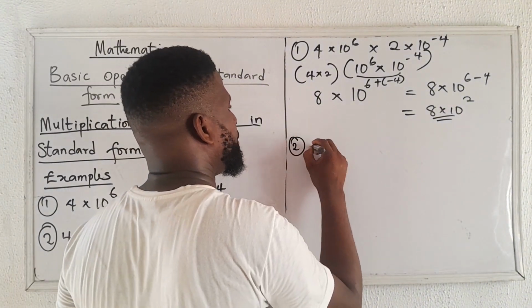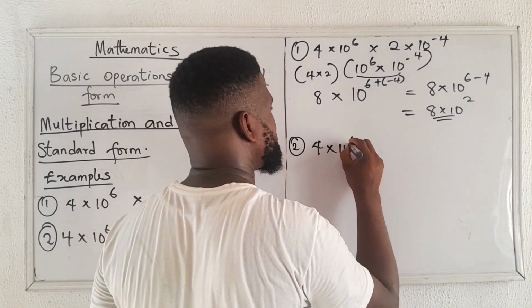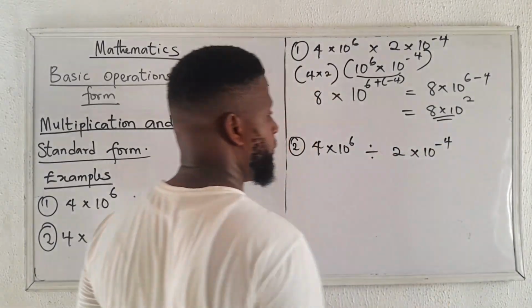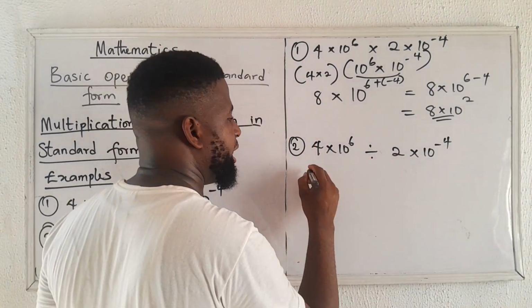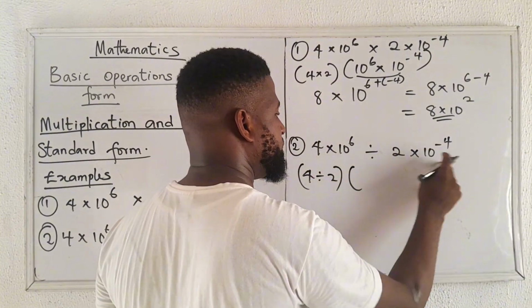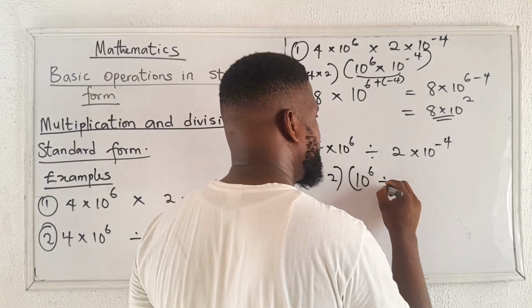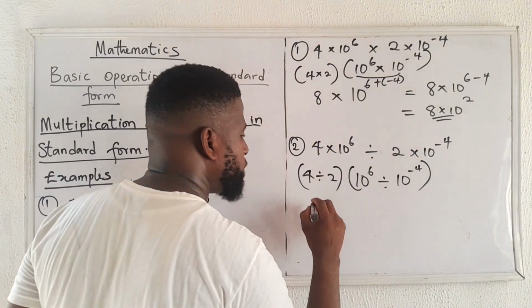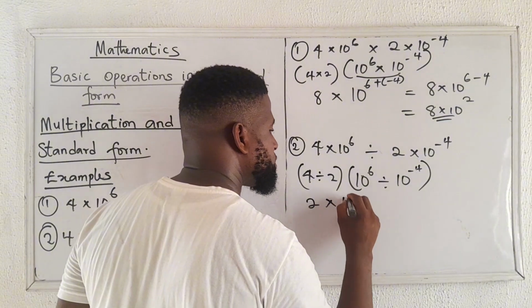Number 2, we have 4 times 10 raised to power 6 divided by 2 times 10 raised to power minus 4. The same thing, divide your A's, 4 divided by 2, then also divide the tens. 10 raised to the power 6 divided by 10 raised to the power minus 4. Right? 4 divided by 2 is 2, of course, times 10.